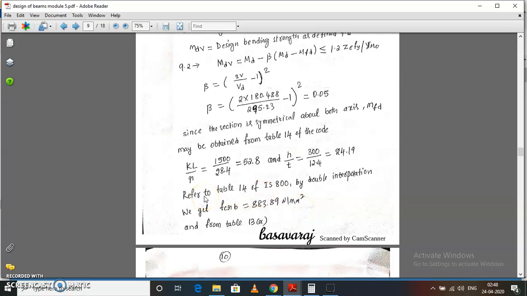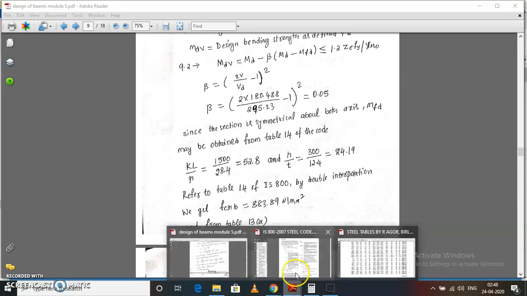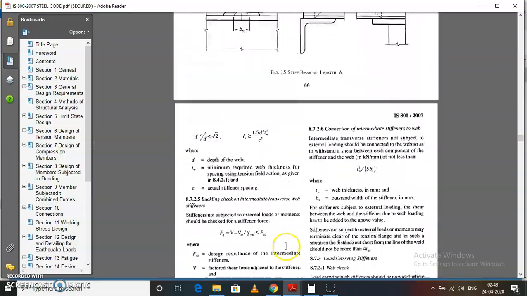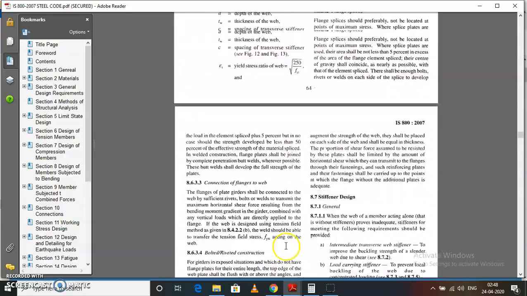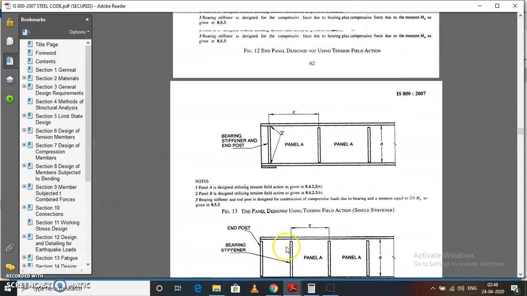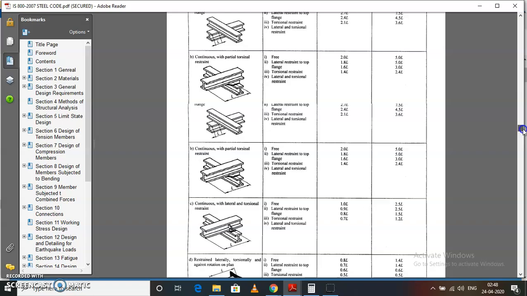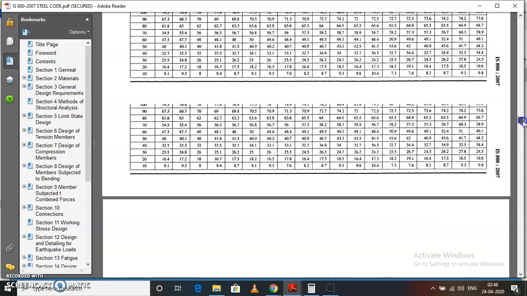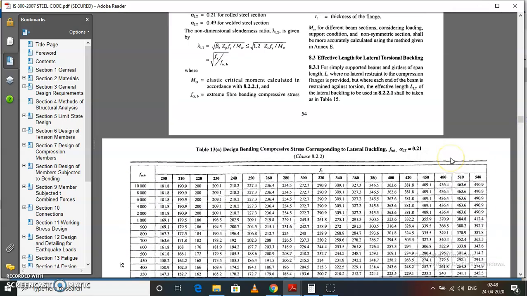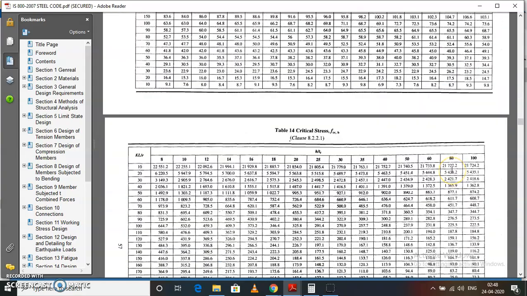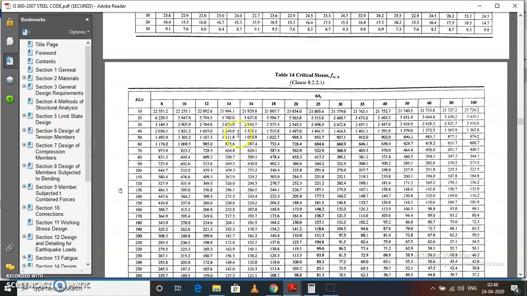Now, let us go to table number 14. Here, the fcrb value is given.